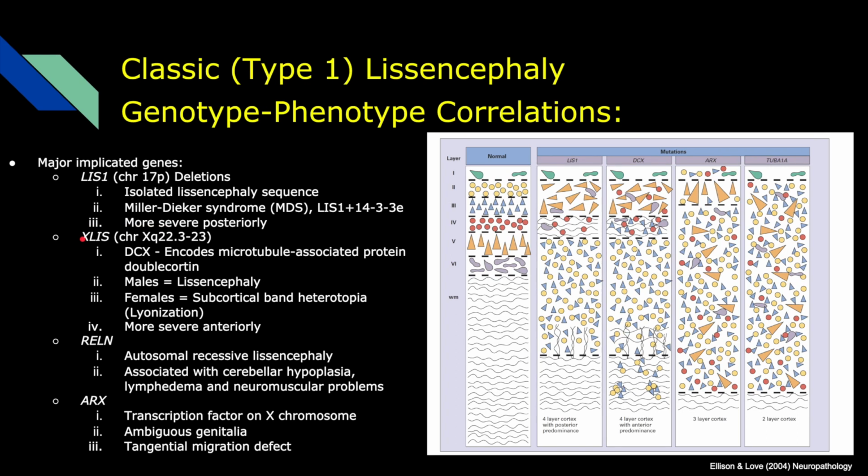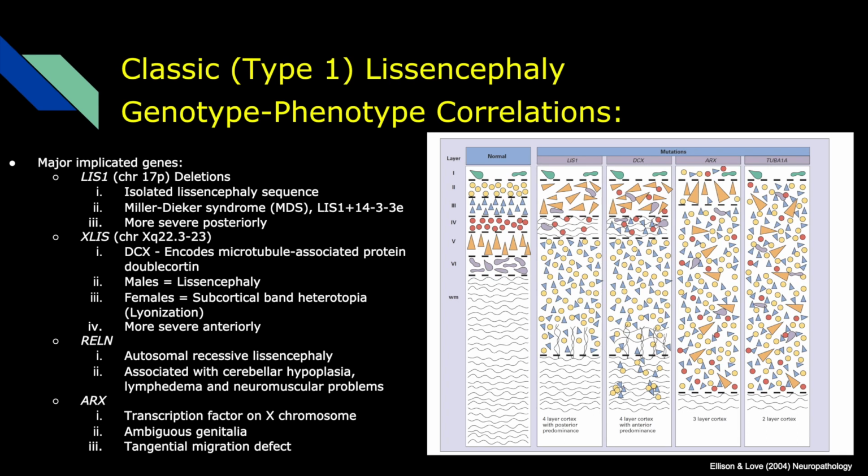So XLIS is the X-linked version of lissencephaly, found on chromosome Xq22.3. And really DCX encodes another microtubule-associated protein, as we saw in that picture. In males you get lissencephaly.